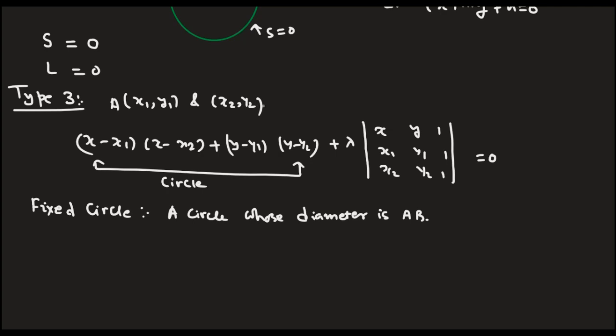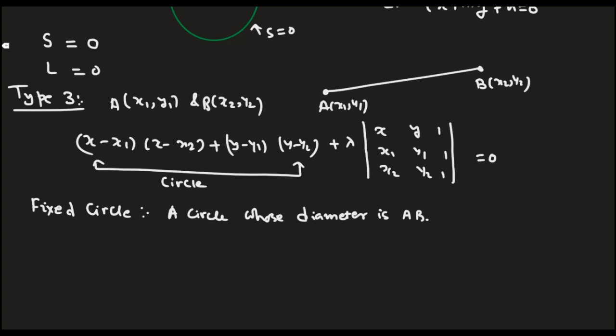Here we consider this one is A and this one is B. Not the fixed circle, a circle having the diameter AB is the fixed circle. So this is type 3, where we are discussing a circle passing through the 2 points: point A whose coordinate is x1 y1, and point B whose coordinate is x2 y2.